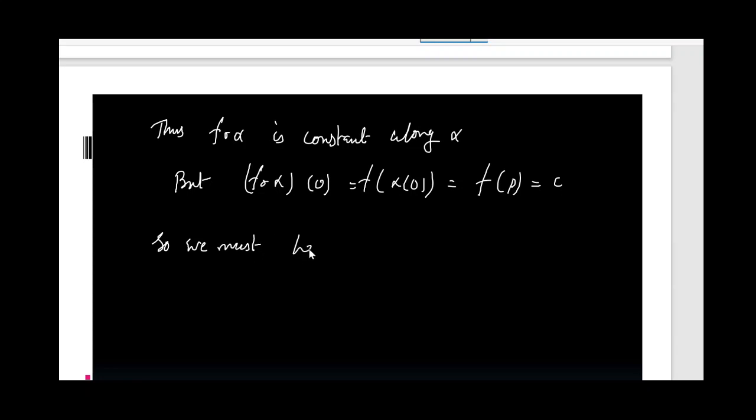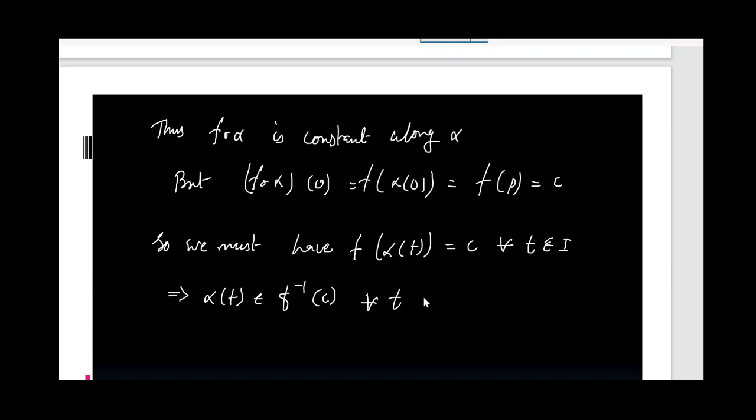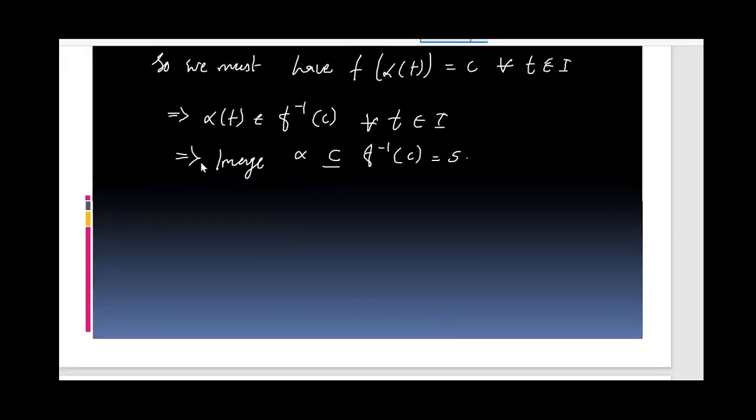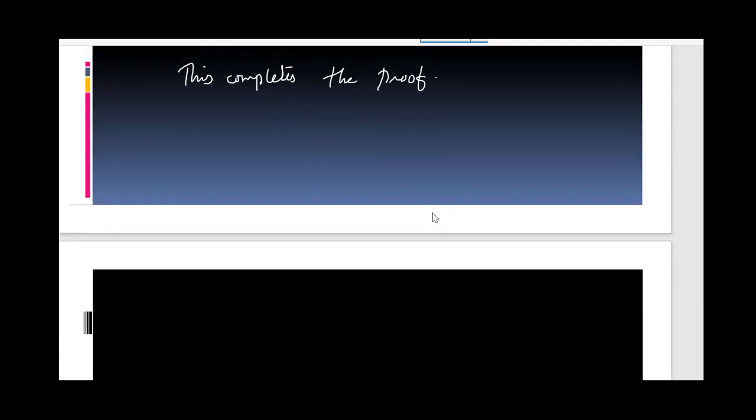So we must have f of alpha of t equal to c for every t belongs to I, which implies alpha of t belongs to f inverse of c for every t belongs to I, which implies image alpha is contained in f inverse of c, that's equal to S. This completes the proof. So we have proved that alpha belongs to S.